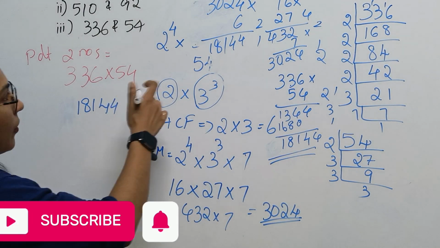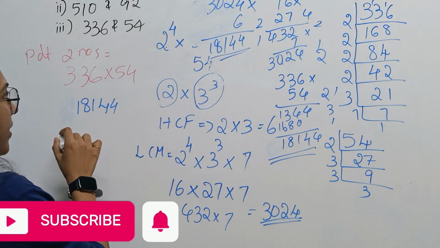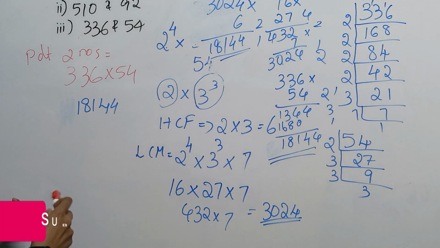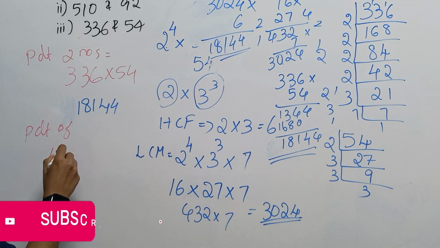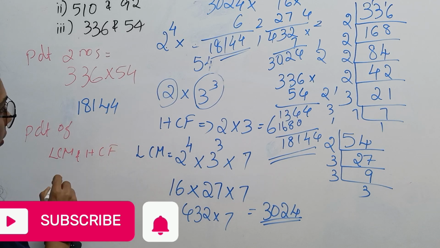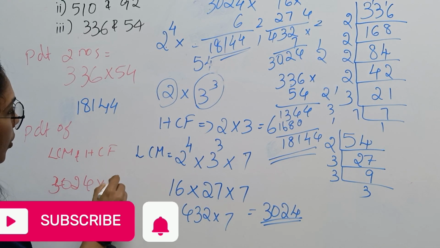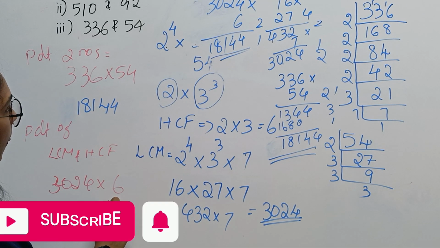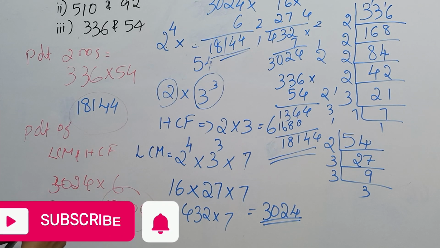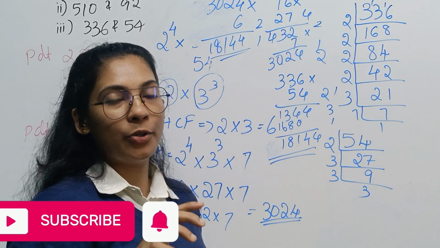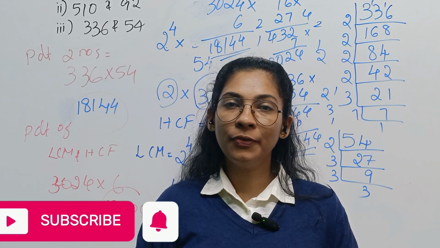Okay, 18,144. And here 3024 into 6, we get the same answer. Okay, that is the product of LCM and HCF, that is 3024 into 6, which is 18,144. See, both the answers are the same. Hence, we verified the equation: the product of HCF and LCM is equal to the product of two numbers.